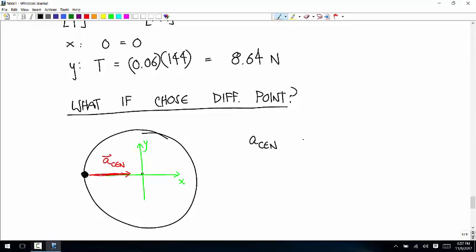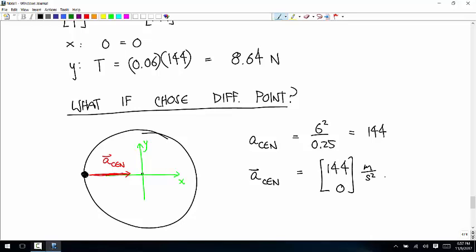The magnitude is the same as it was before: 6 squared over 0.25, so 144. And now put that in a vector. Before it was in the positive y direction, now that's in the positive x direction. So 144, 0. And that's our total acceleration because it's uniform circular motion.